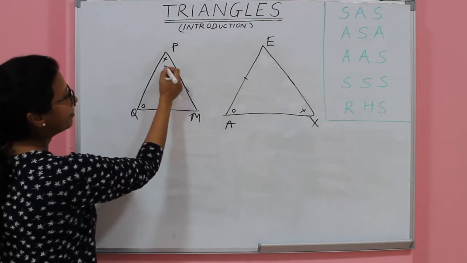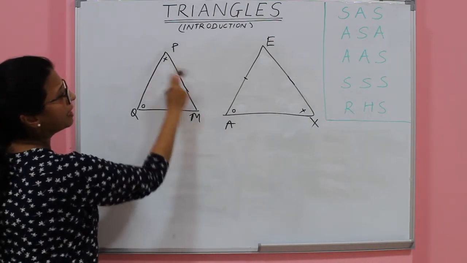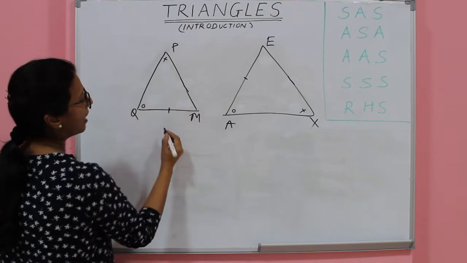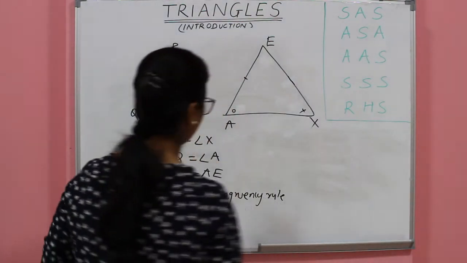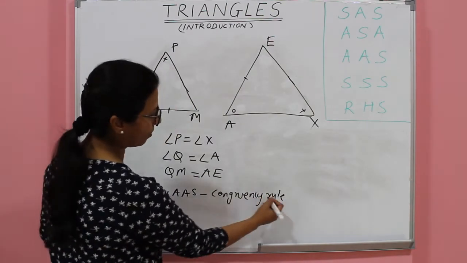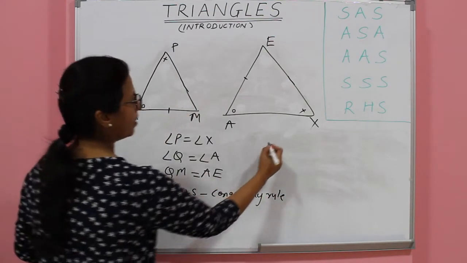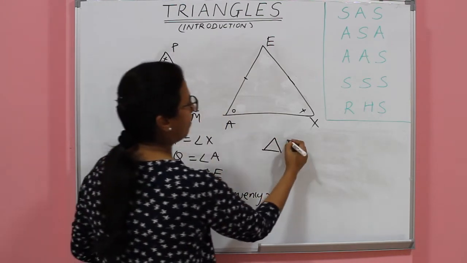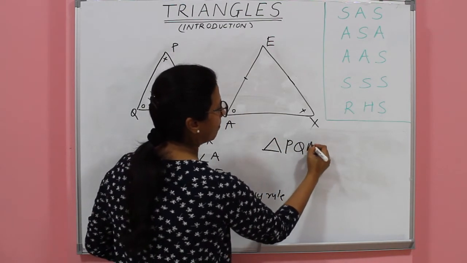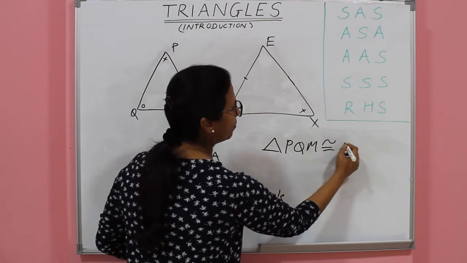Let us see. Angle P will be equal to angle X. So by the AAS congruency rule, I can say that triangle PQM is congruent to a triangle.